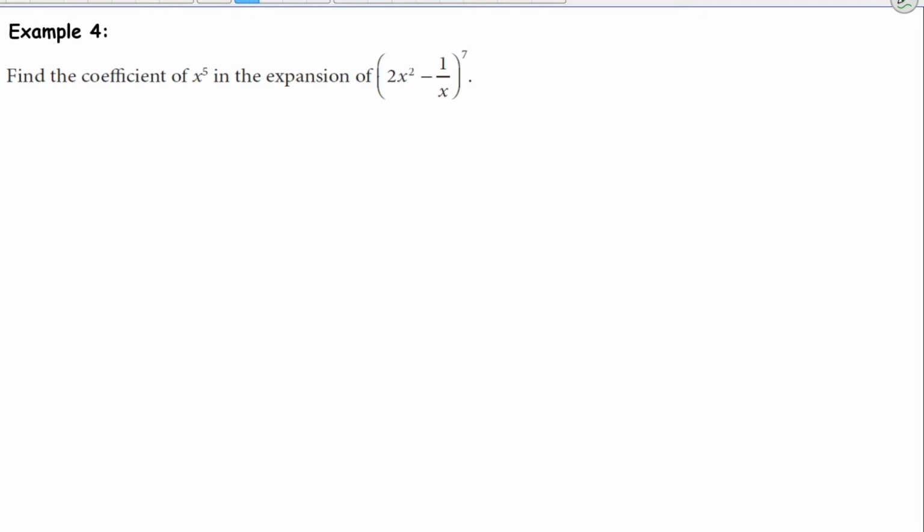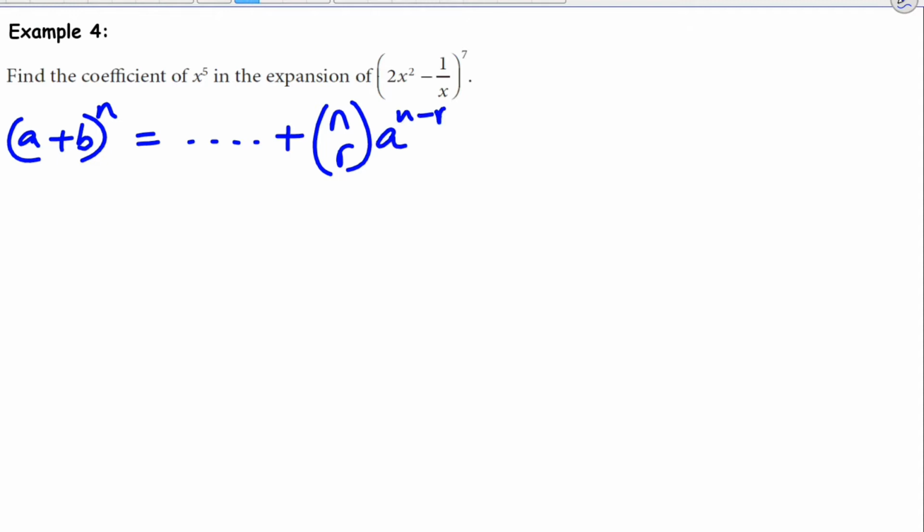The binomial theorem goes like this: a plus b to power n. It's also called the binomial expansion formula. So this will be equal to whatever comes first plus n choose r, a to power n minus r, b to power r, plus whatever comes next.